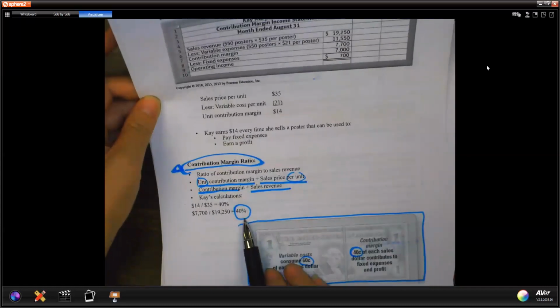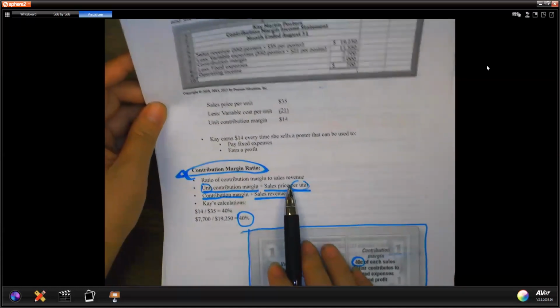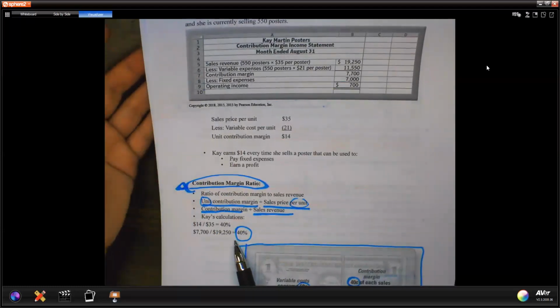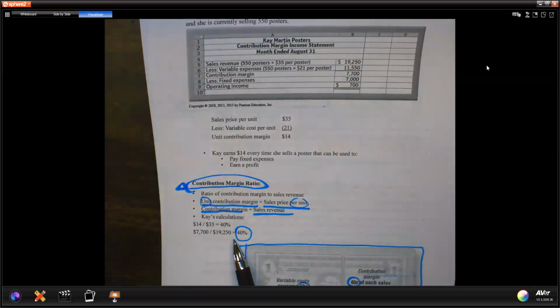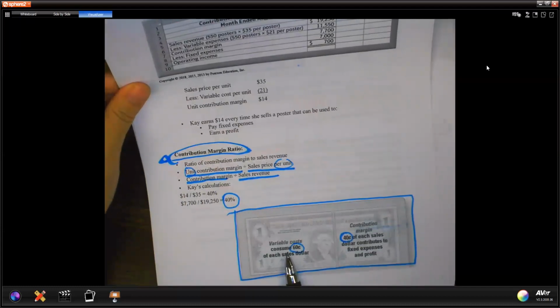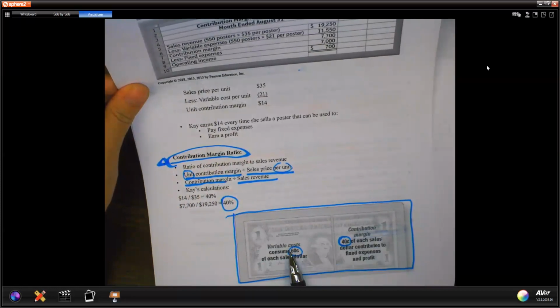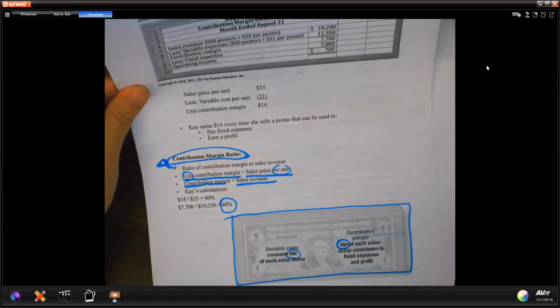It is your contribution margin divided by your selling price. So every time you increase your total revenue, 40% goes to the increase of your contribution margin. Where is the other 60%? The other 60% goes to your variable cost. Out of this $1 bill, 60 cents goes to variable cost and 40 cents goes to our contribution margin.